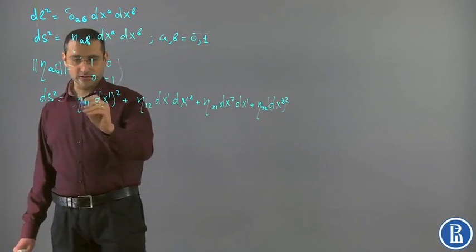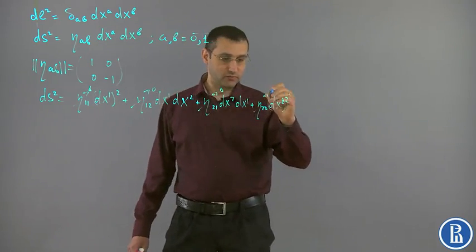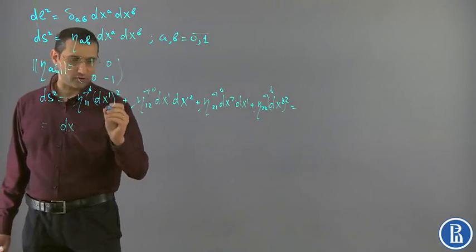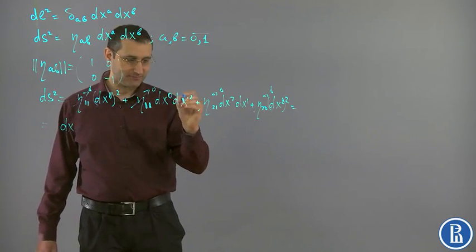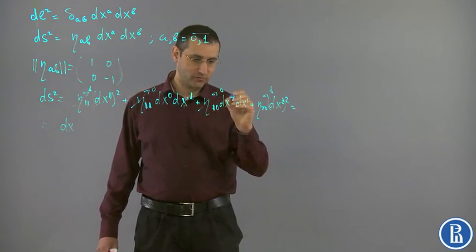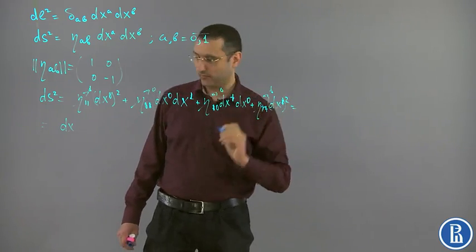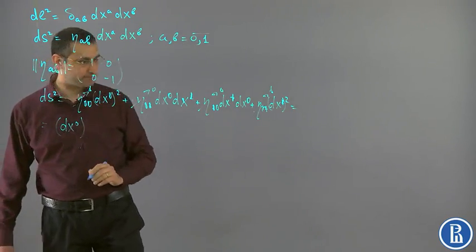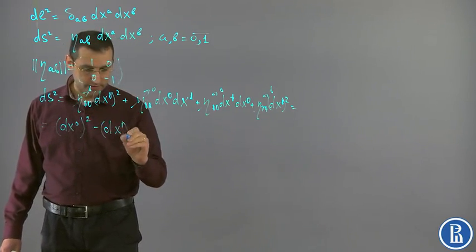So taking into account that this is 1, this is 0, this is 0, this is minus 1, we obtain that this is just dx0 squared minus dx1 squared. Sorry, indices 0 and 1, I promised to use 0, 1. So this is dx0, this is 0, hence dx0 squared minus dx1 squared.